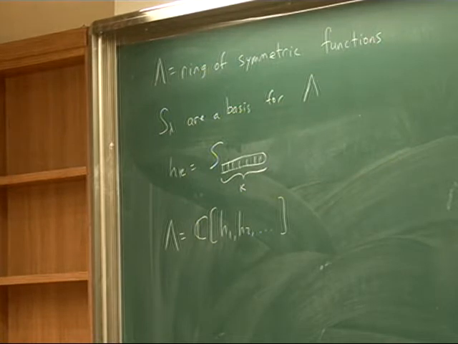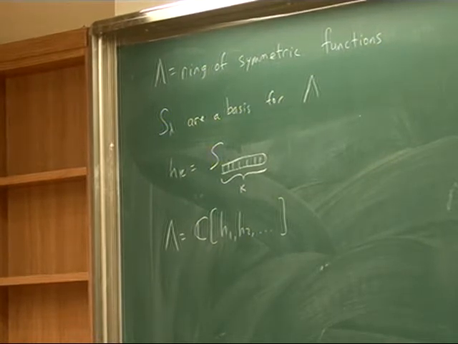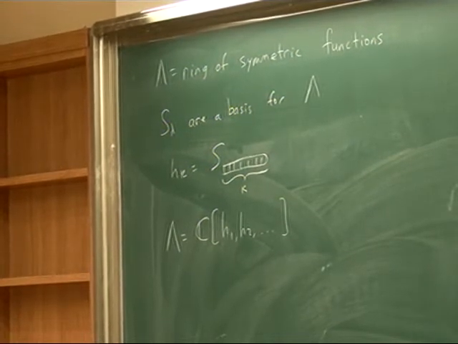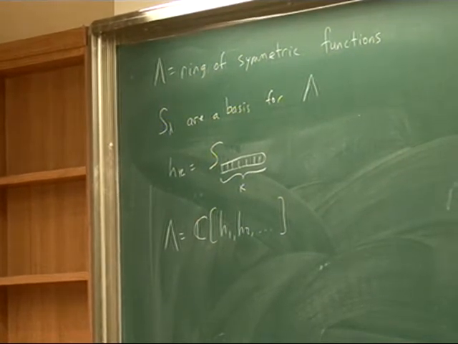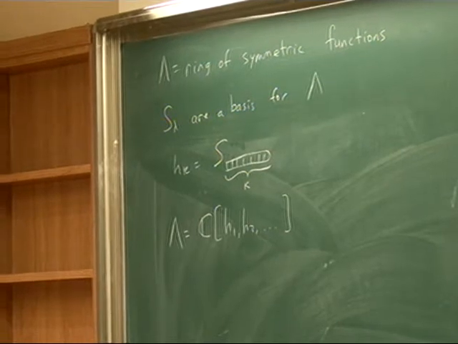Okay, so let's see. So now I'm gonna go to different sets of graphs here, and on these different graphs I'm gonna create new sets of symmetric functions that belong to a different ring and things like that.